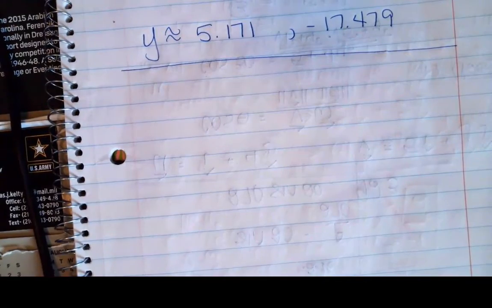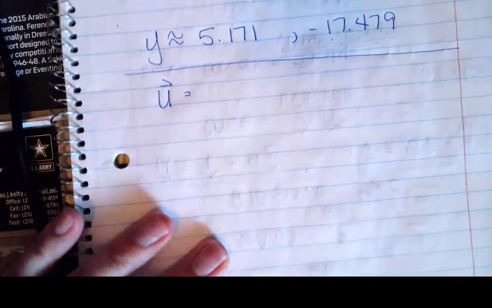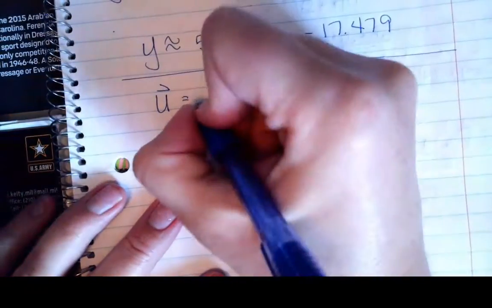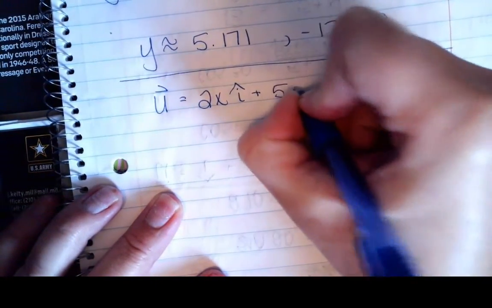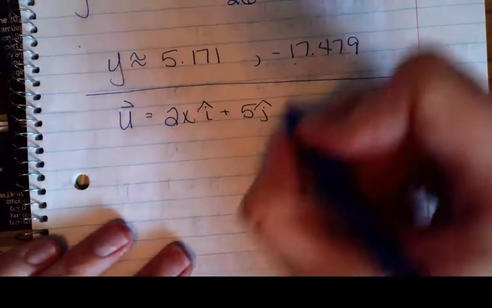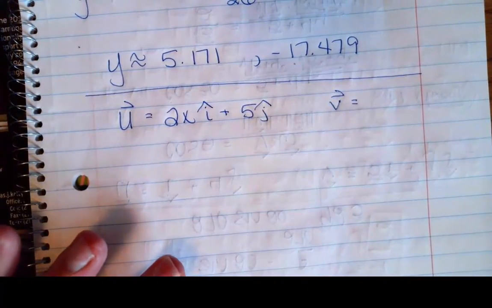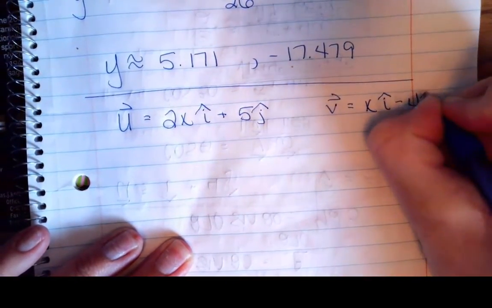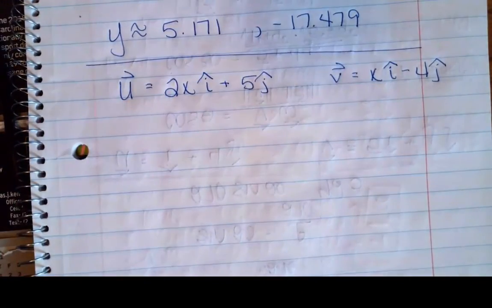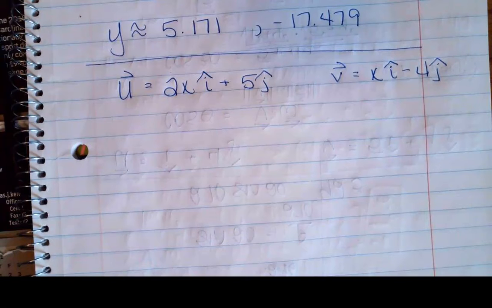Given vector u is 2x i plus 5 j, and v is x i minus 4 j. I want to find x so that u and v are orthogonal.